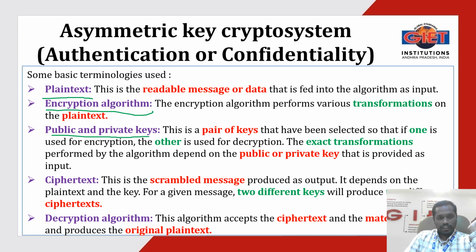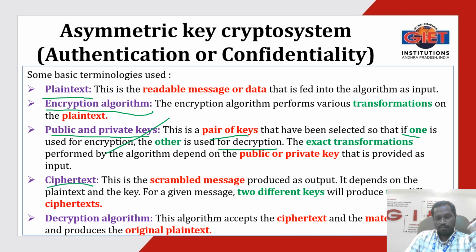So here it is a pair of keys, and one is used in encryption and the other is used in decryption. This is the actual principle for generating the private key and public key. So the transformations can be done from plain text to ciphertext and ciphertext to plain text by this pair of keys.